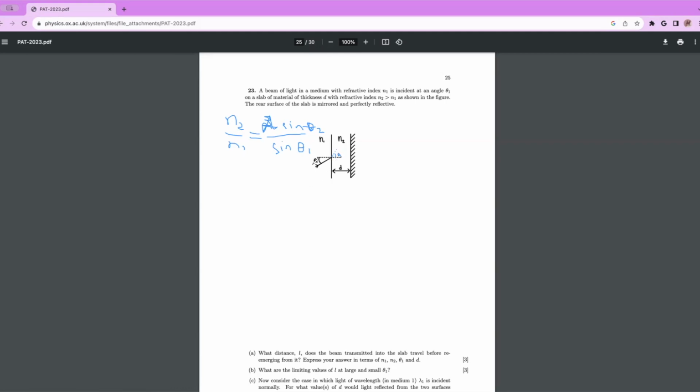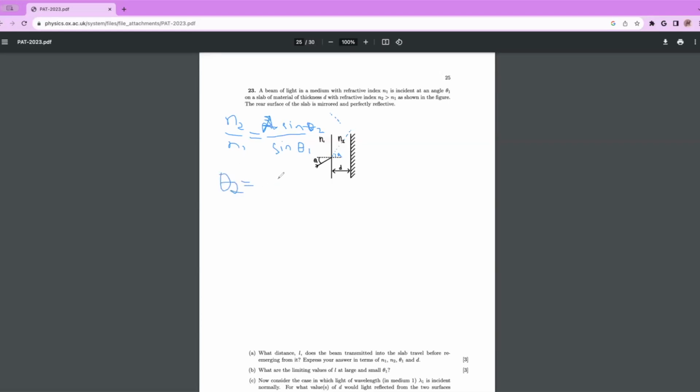And we need what distance it travels, right? So we basically need 2 times this, which would be d over cosine theta 2. Okay, well, let's isolate theta 2 first.